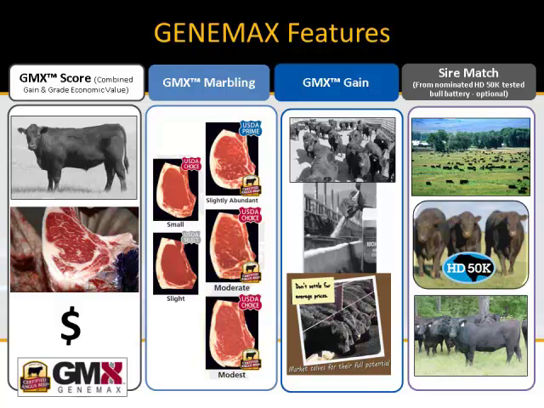So that's one trait. Feedlot average daily gain is an important contributor to feedlot profit, and so that's the other feature. The real headliner feature is the GENEMAX score, whereby our partners have essentially developed an index that weights marbling and gain economically to the impact those have on fed cattle profitability.